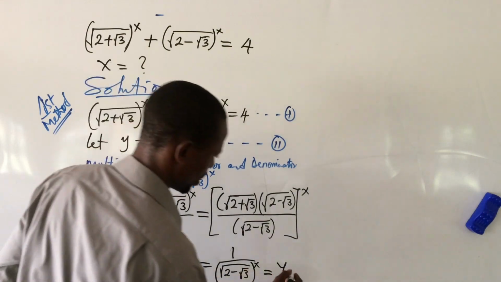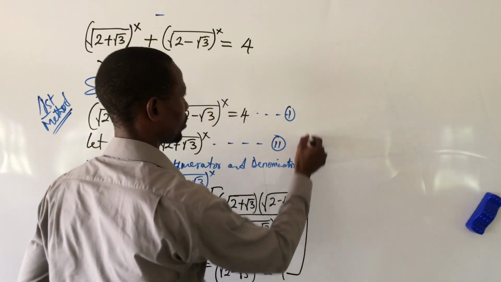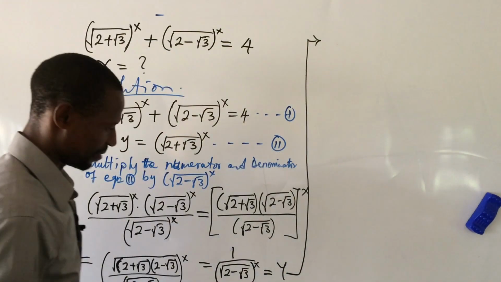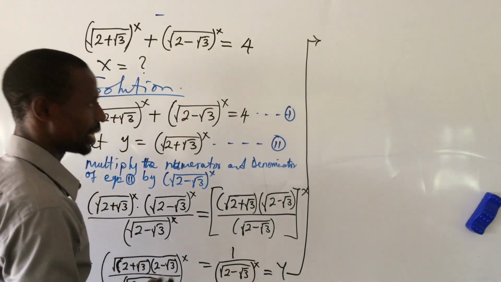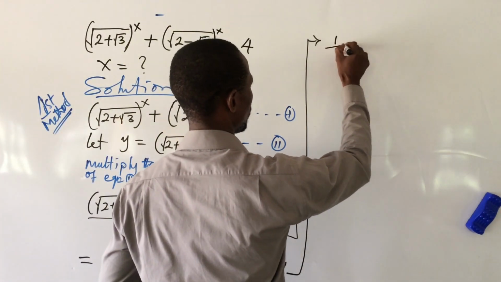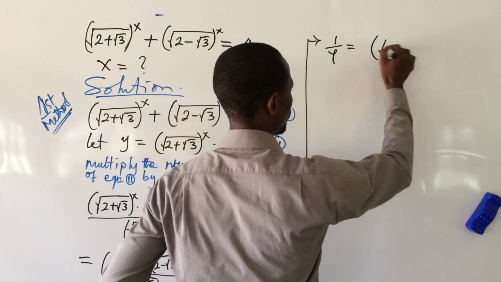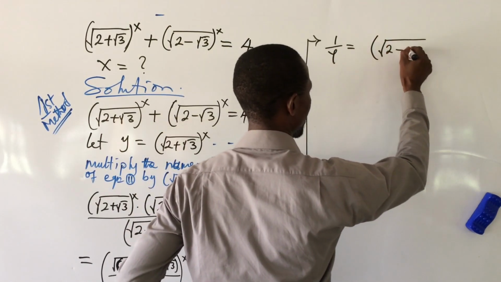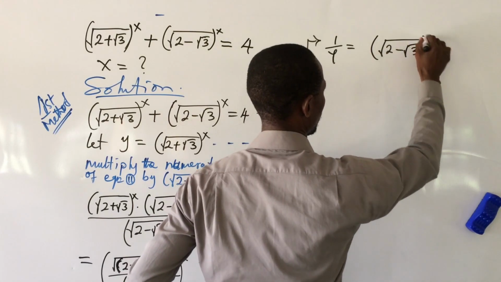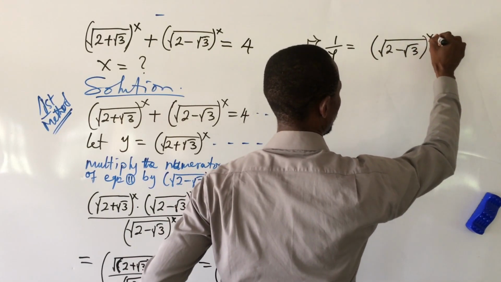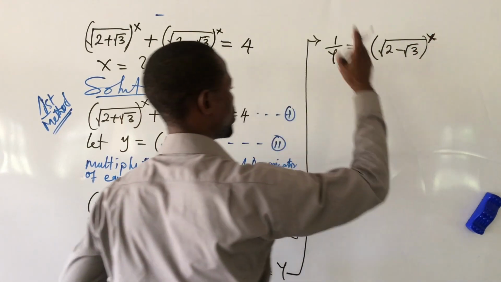So if I do that, let's proceed from here first. If I find the inverse of both sides, it's going to give me 1 all over y equal to bracket open the square root of 2 minus root 3 all to the power of x. We've gotten the expression we're looking for.